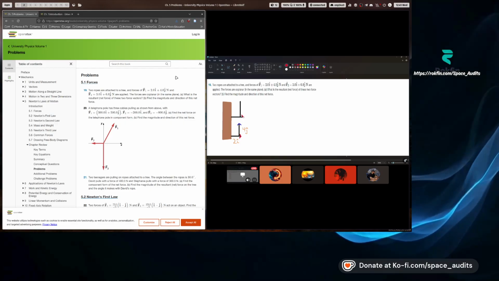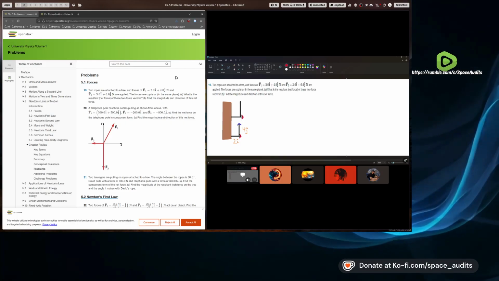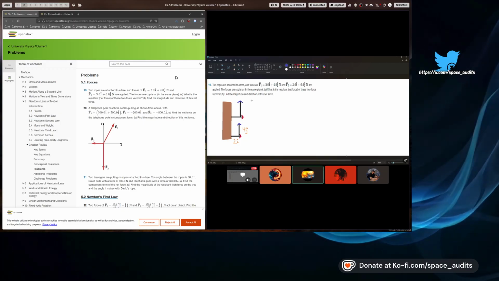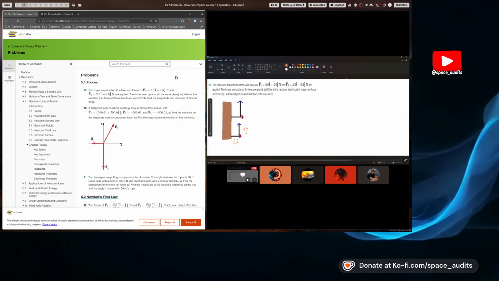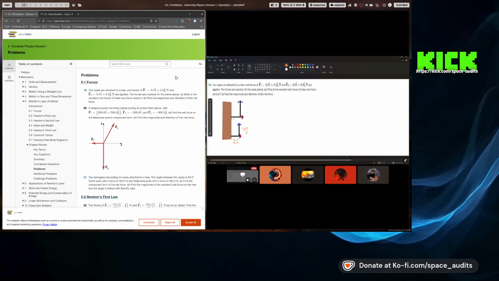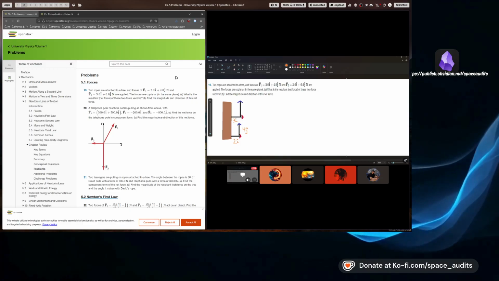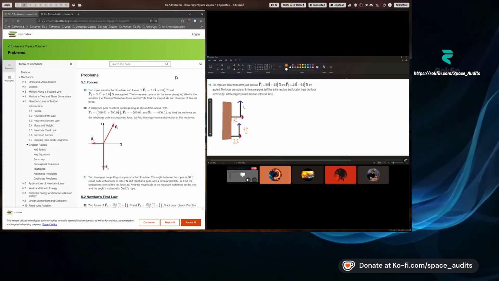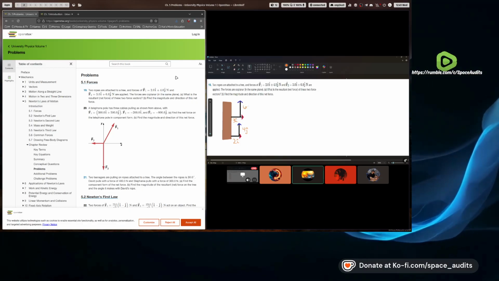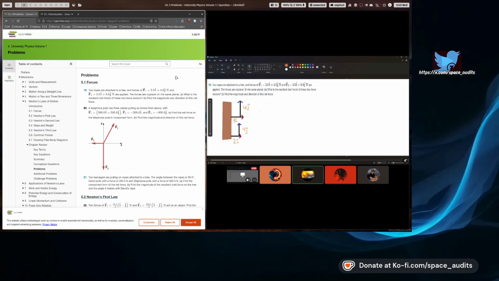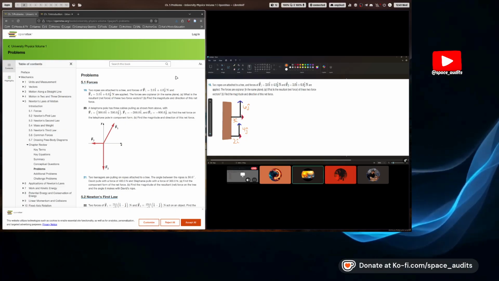So the way that we're going to do this is first, we're going to say what I and J mean, and then we're going to do the math. So what is this little symbol?